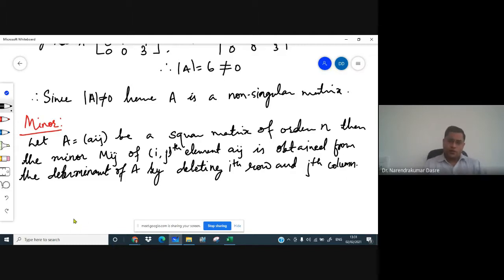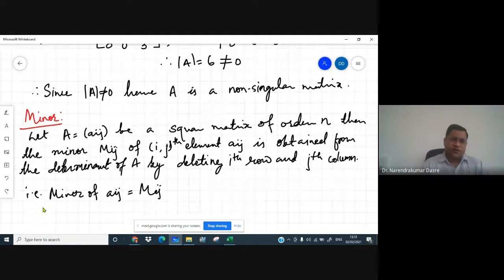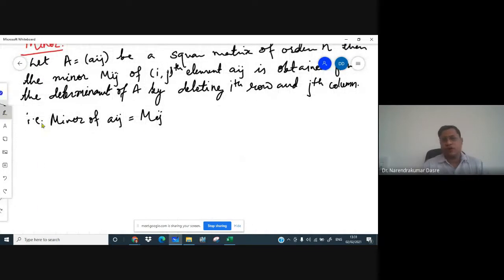So what is the minor Mij? It is the minor of the ijth element. The minor of Aij is denoted by Mij, and it is obtained by deleting the ith row and the jth column.